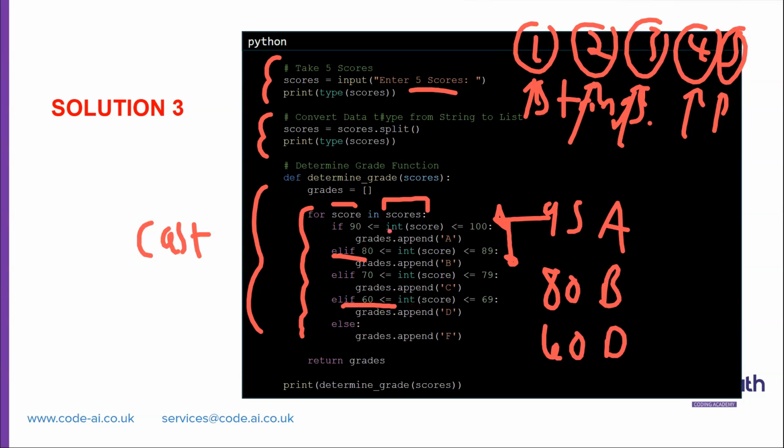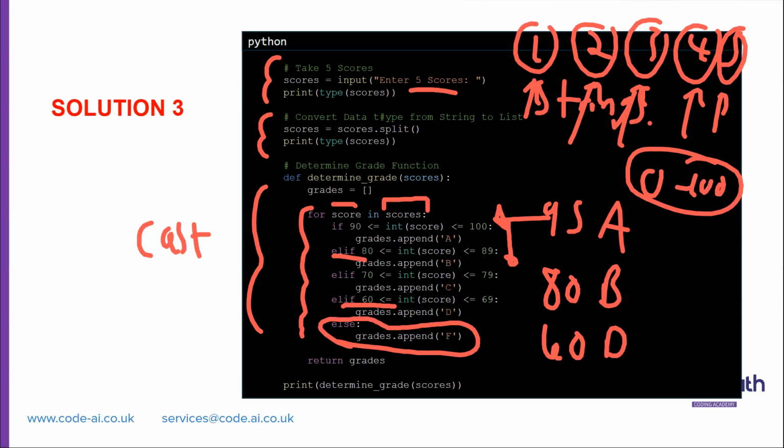And if it doesn't have any of these values, remember that the limit is 0 to 100, so we can't go over 100. Therefore, if the value is less than 60, it must jump into the else, which is essentially the dropout part of the code.